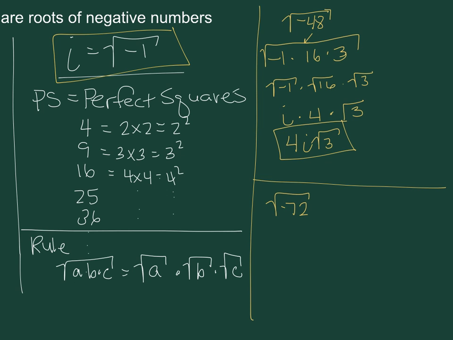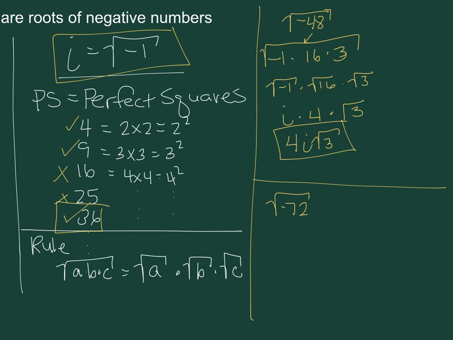If I do 72 divided by 4, I get 18, so 4 would work. 72 divided by 9, okay, 9 works. 72 divided by 16, 16 does not work because it gives me a decimal. 72 divided by 25, that doesn't work. 72 divided by 36, ah, there we go. So 36 is the largest perfect square that I can use.